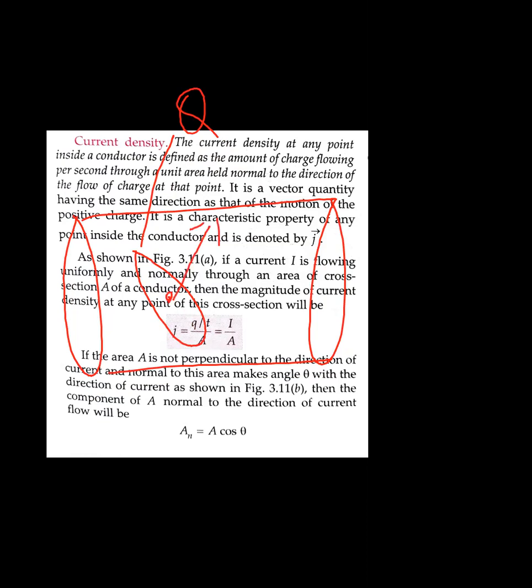So children, now we are going to draw the area vector through this cross section. This was the cross section which we had selected, and let it be called Q. Now this would be the area vector. As we know, area is a vector quantity. This is the unit area vector that is perpendicular to the surface, right?